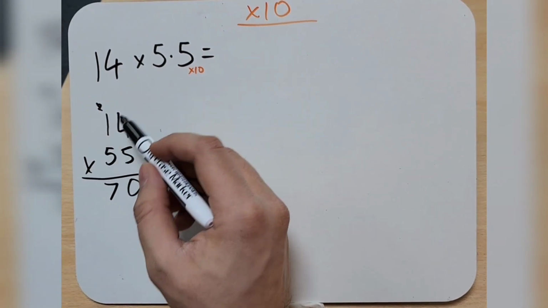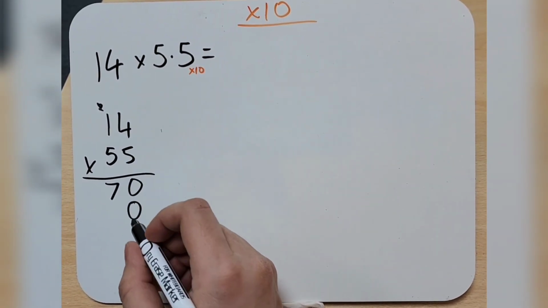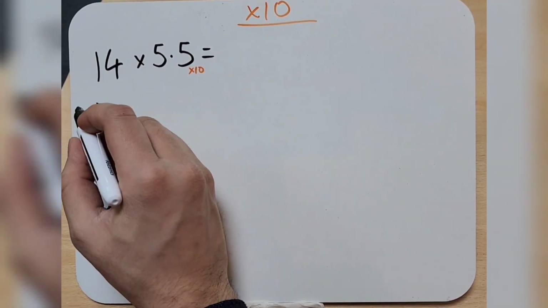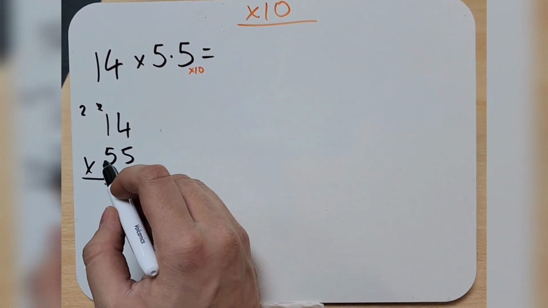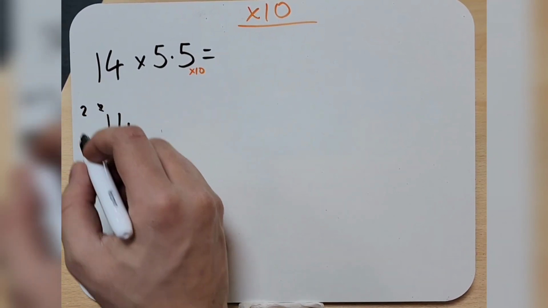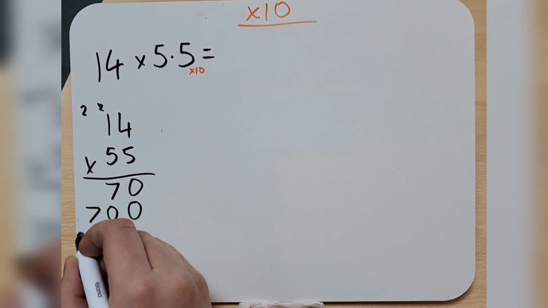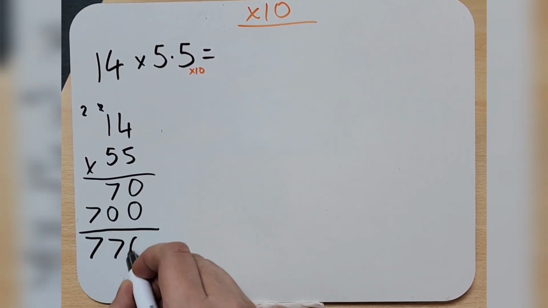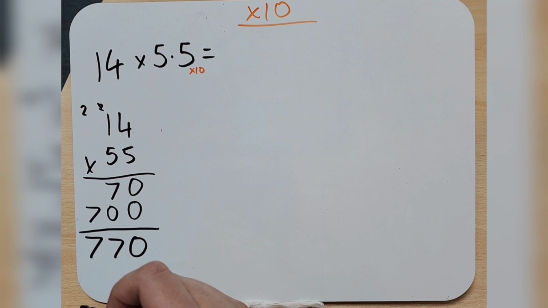Moving on to this column, 50, we're going to put a 0 in here. And 5 times 4 again is 20. Put a 0 there. Same thing again, 5 times 1 is going to be 5. So 5 and 2 leaves me with a 7. If I add these up, I get 770 as my answer.